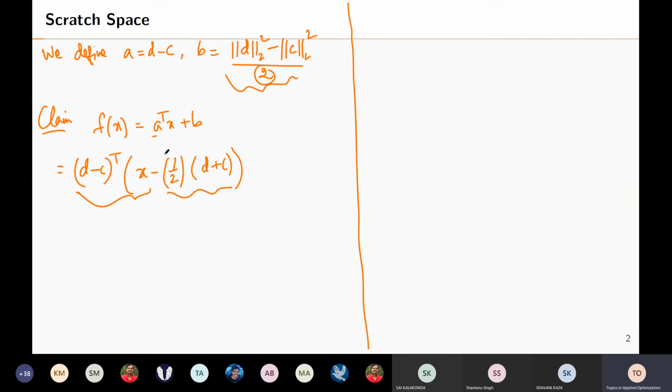And this guy, D minus C transpose times D plus C, we can check that this is nothing but the numerator.